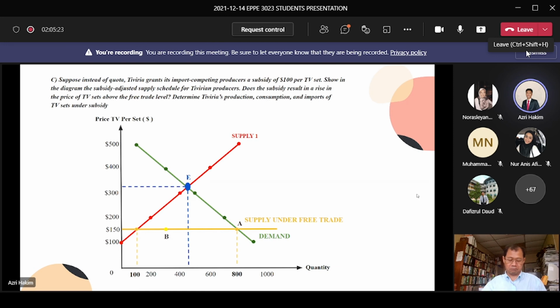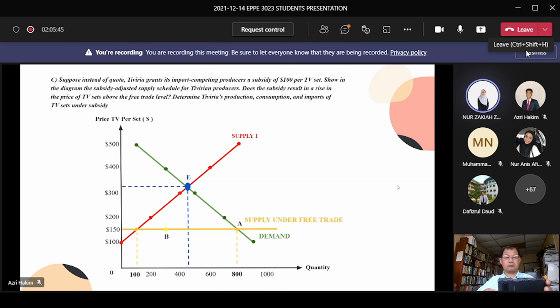Thank you. So the next question is, suppose instead of a quota, TVRA grants its import-competing producers a subsidy of $100 per TV set. Shown in the diagram is the subsidy-adjusted supply schedule for TVRA producers, and the subsidy results in a rise in the price of TV sets above the free trade level.